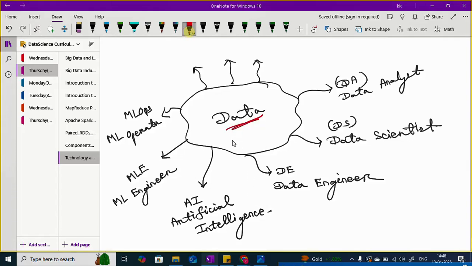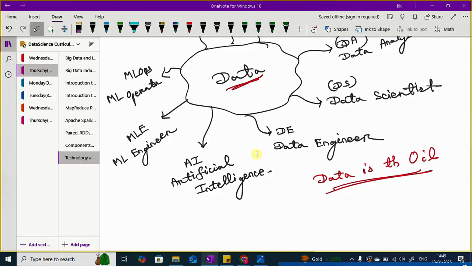That's why some people say that data is the oil. Nowadays, data is the oil. Why? Obviously now EV vehicles have come into the picture, but think about before EVs. Without oil, there is no existence of any vehicle. A vehicle cannot move from one place to another without oil.